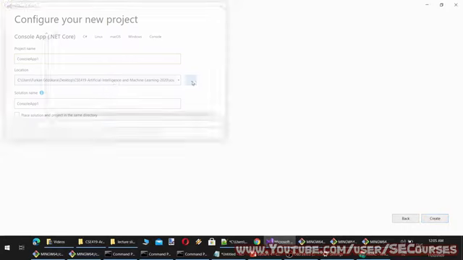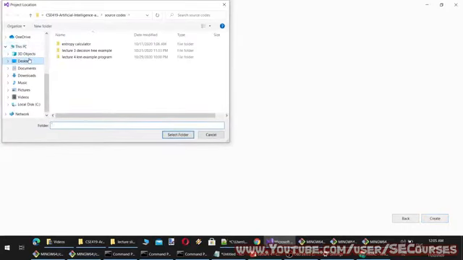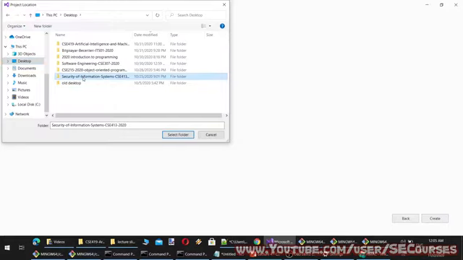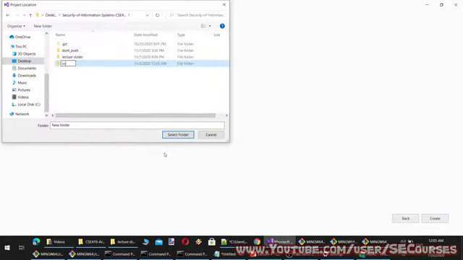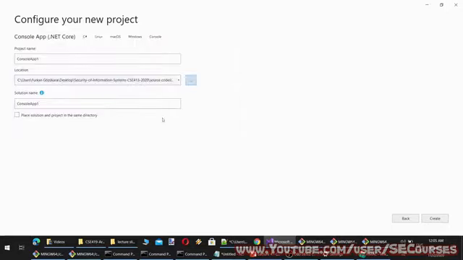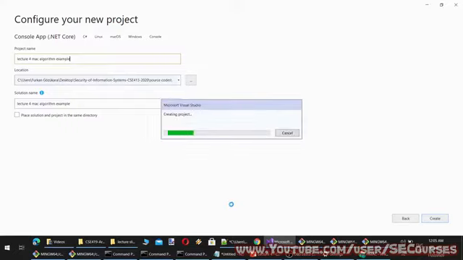Let's select our folder and say yeah, I'm going to name it like this. This source will be uploaded to our GitHub repository as everything else is being uploaded to the GitHub repository.